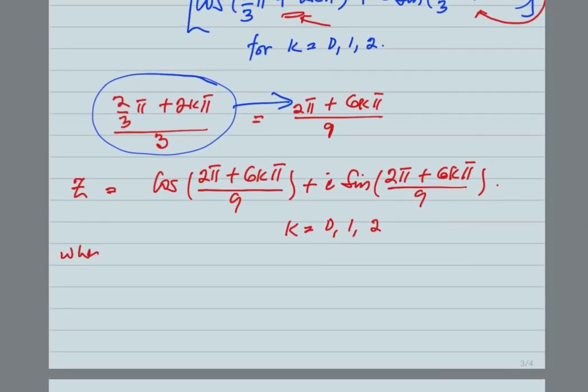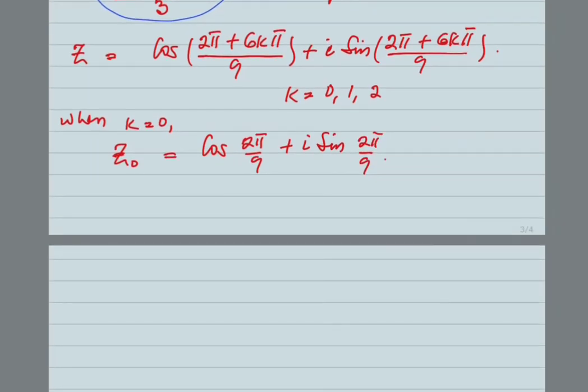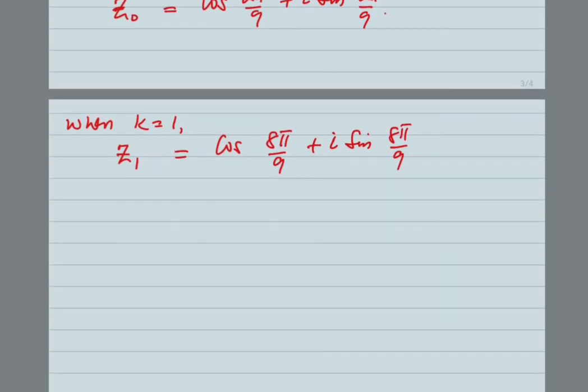So to now get the roots, we start to substitute our k in turn. When k is equal to 0, the first root, z0, will be equal to cos 2 pi over 9 plus i sin 2 pi over 9. When k is equal to 1, z1, that's the second root, will be cos 8 pi over 9 plus i sin 8 pi over 9.